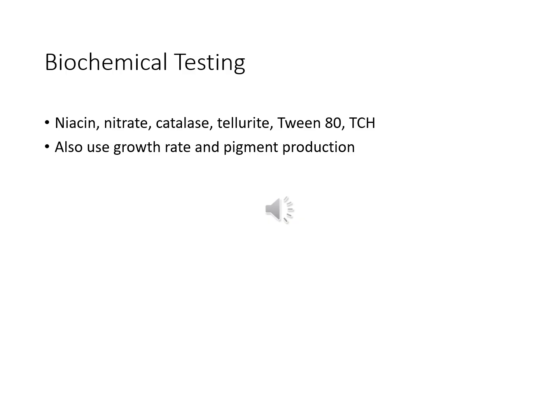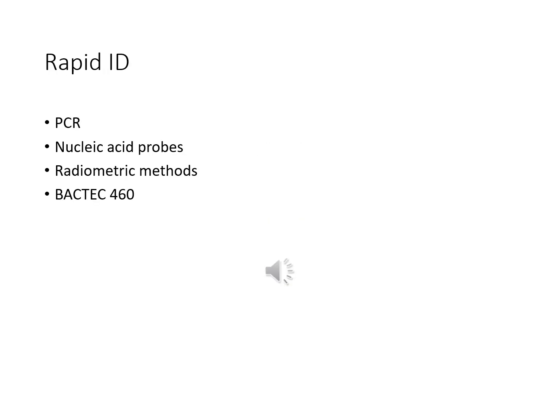Your other testing could include niacin, nitrates, catalase, tellurite, Tween 80, and TCH. We'll also use growth rate and pigment production to separate, as mentioned before. Use of growth rate and pigment production to separate works fine, but because they can be a slow grower, sometimes we need results faster than at least a week or longer to determine if they are present or not.